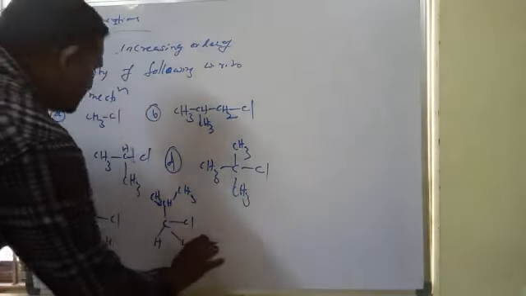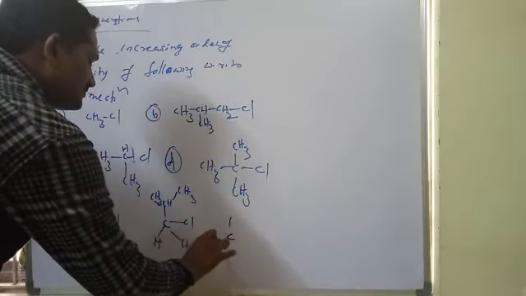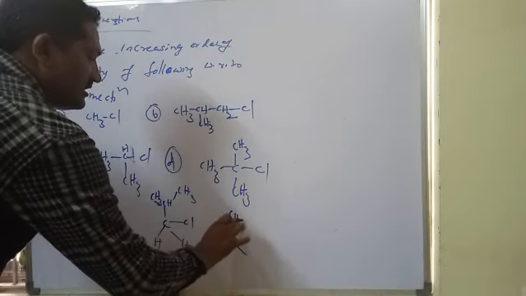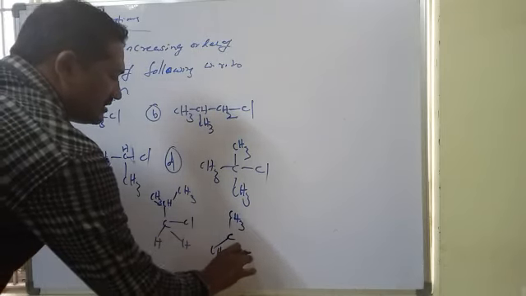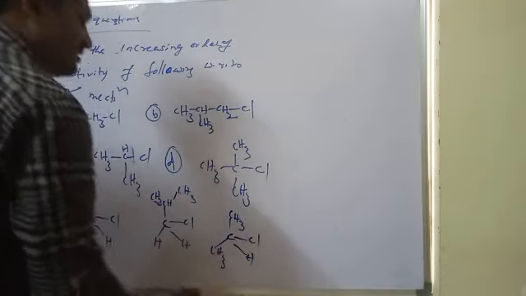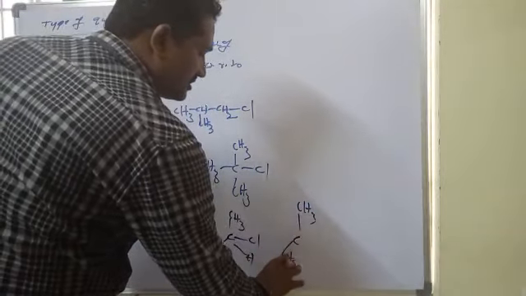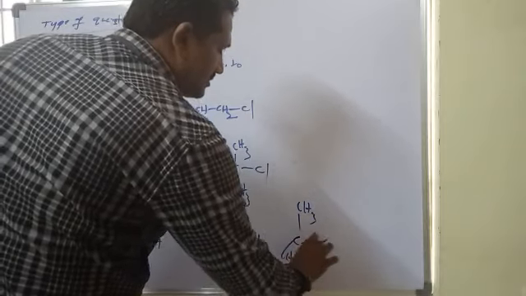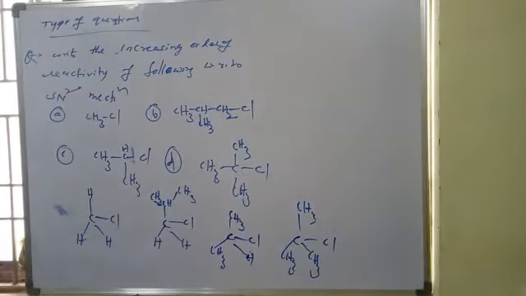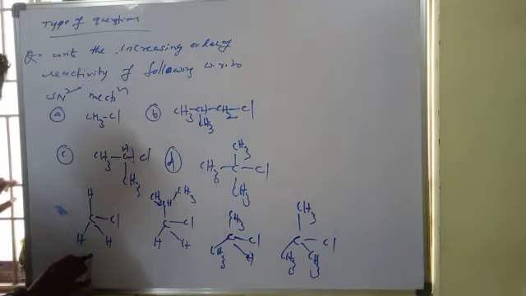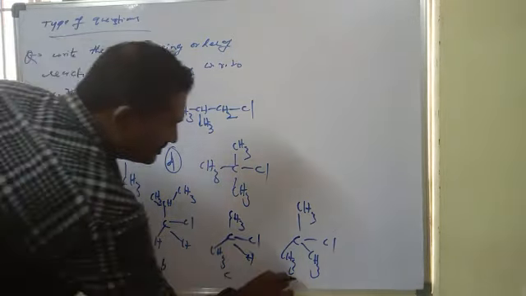And option C: here CH3, H and Cl. Option D: all are methyl groups. So this is option A, option B, option C, option D.